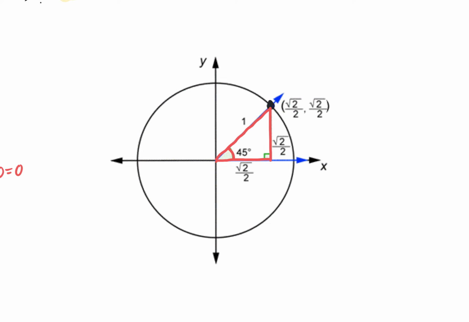So remember from SOH-CAH-TOA, our sine function is going to give us the opposite over hypotenuse.